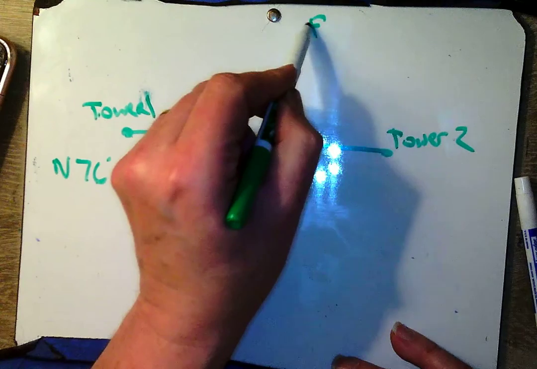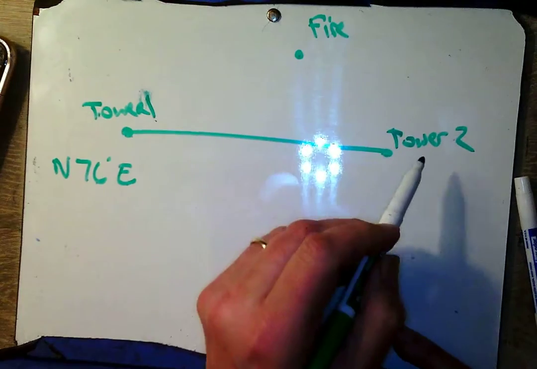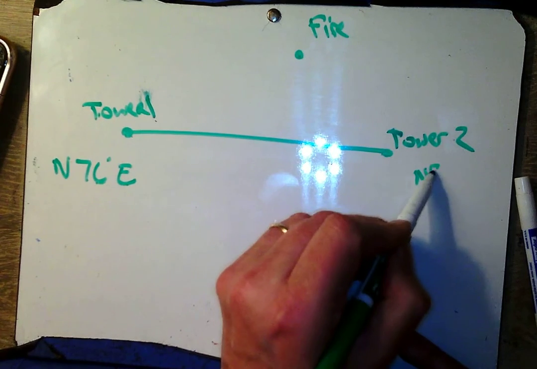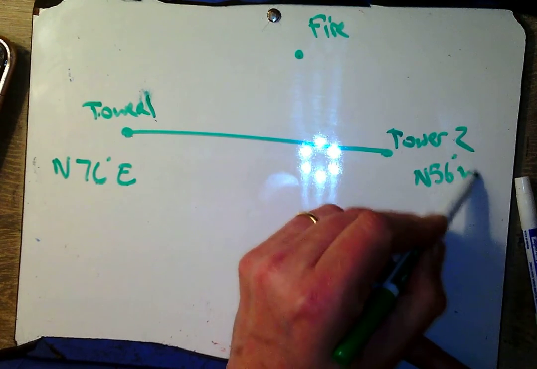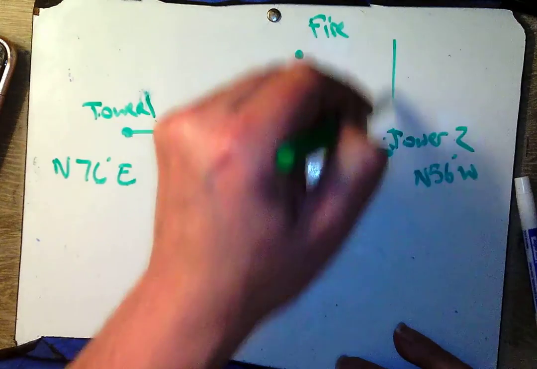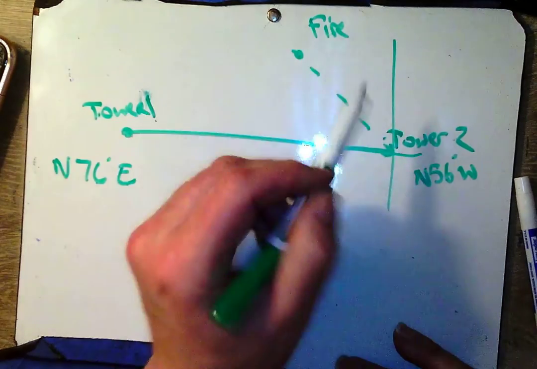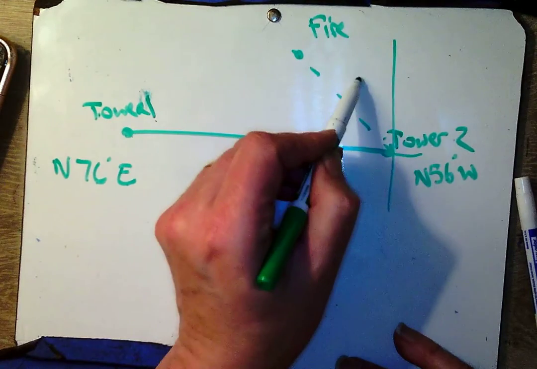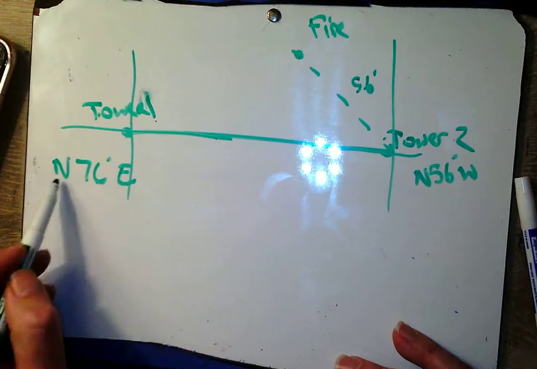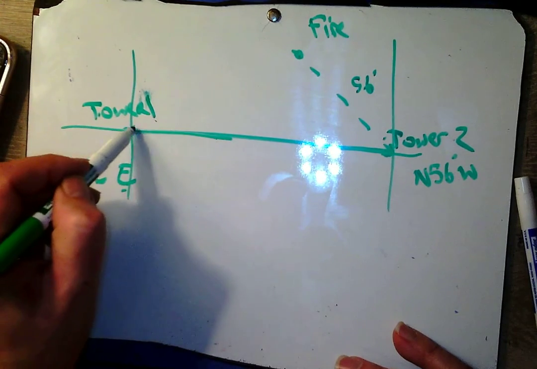And from Tower 2, the bearing is north 56 west. Okay, so this bearing here is north 56 to the west. And this bearing here is north 76 to the east.